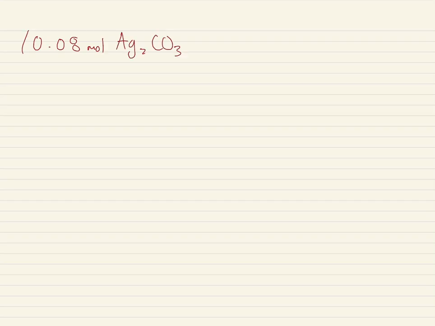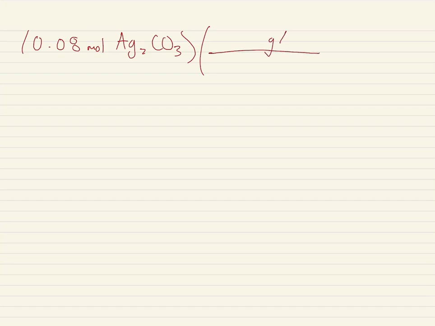Ag2CO3. And how do we convert this to grams? What do we use? We're converting moles to what? Grams, right? And how do we go from moles to mass? Molar mass. So we're going to use the molar mass, and the molar mass value is 275. What units are going to be in the numerator, and what's going to be in the denominator?